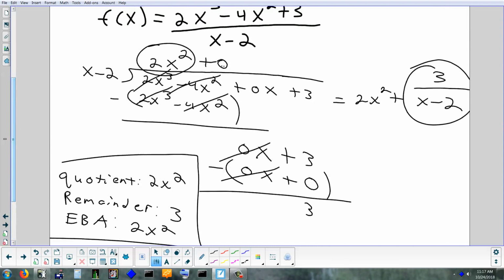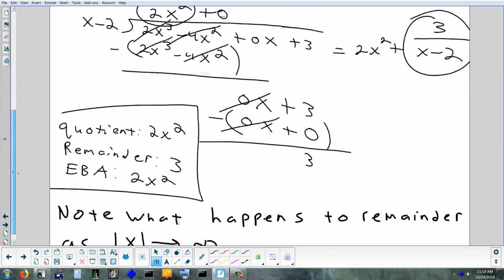What does that fraction get closer to? Closer to 0. If x was 1,000, you'd have 3 divided by 998. Very small number. So that's why the part that I circled doesn't even matter when we're talking about end behavior asymptote, because it gets very close to 0.